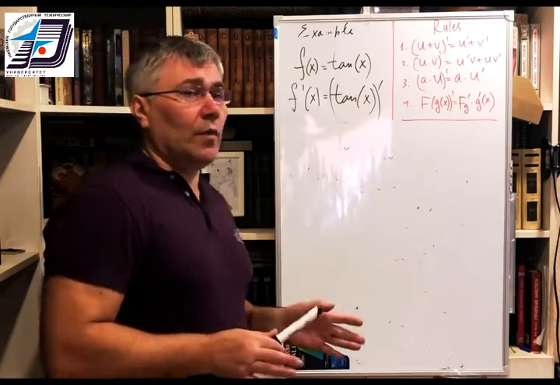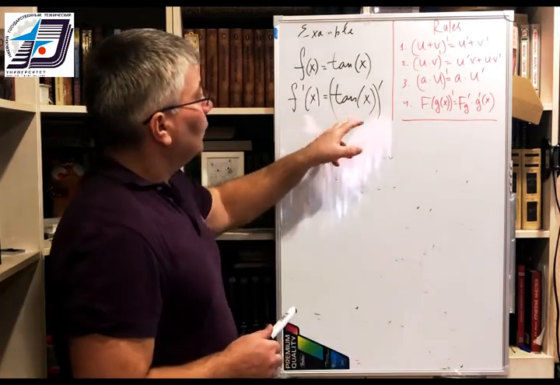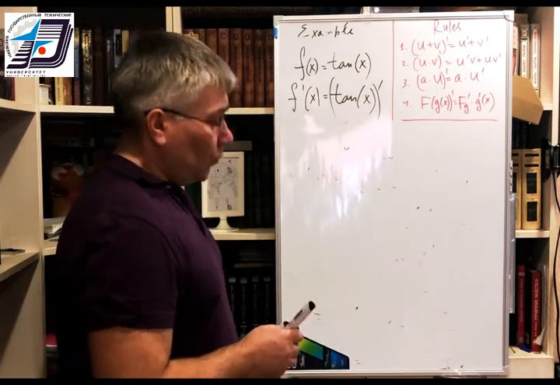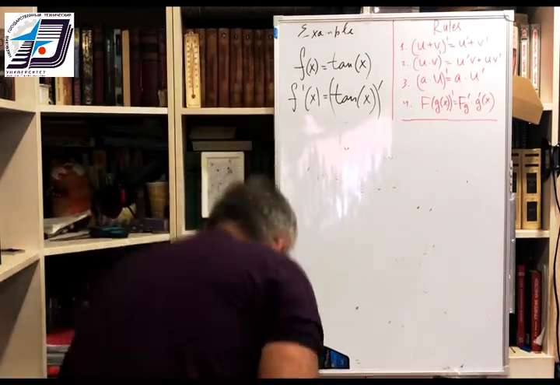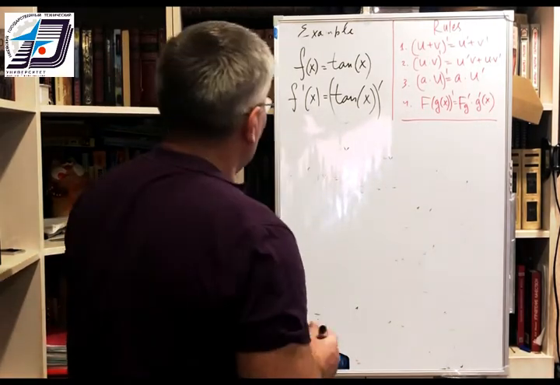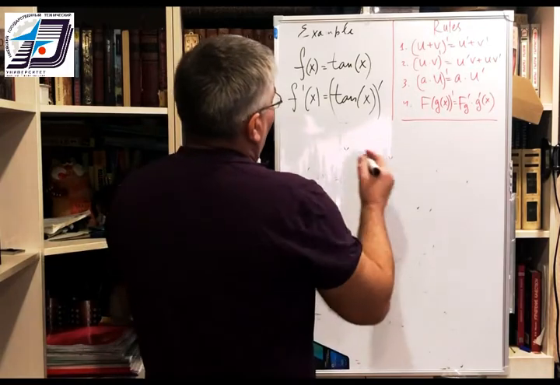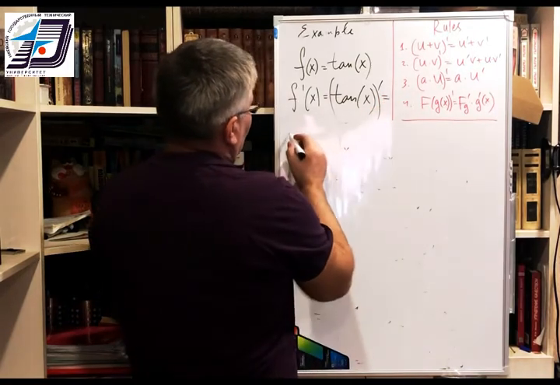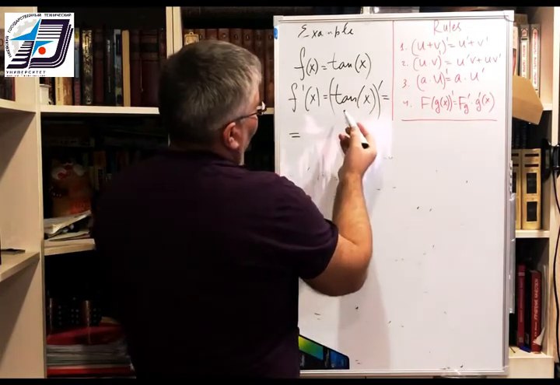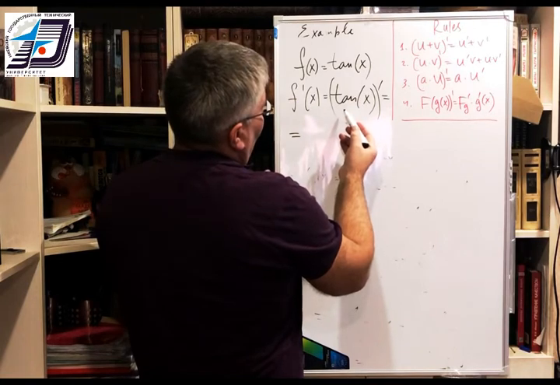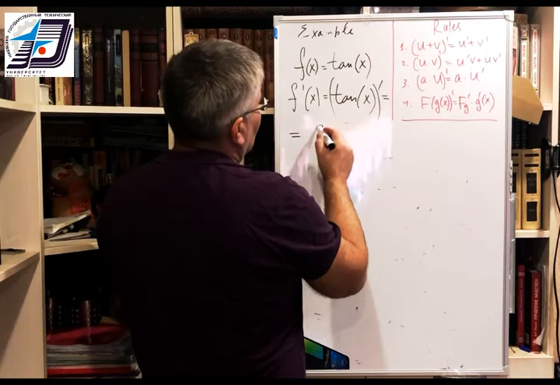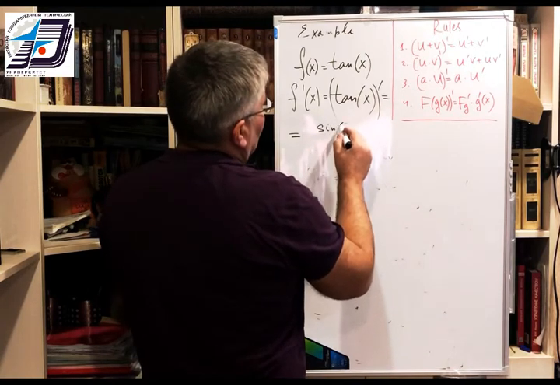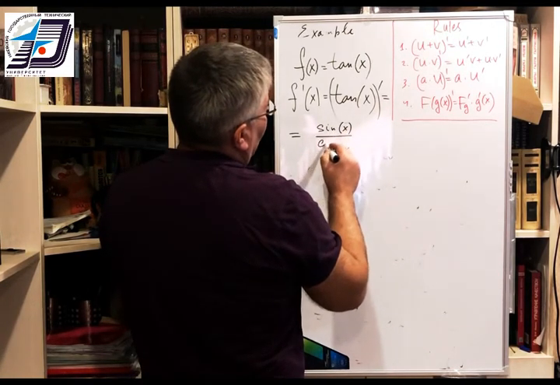If you don't remember the derivative of tan, you can use this approach. I can express tan through sine and cosine, from trigonometry: sine of x over cosine of x.